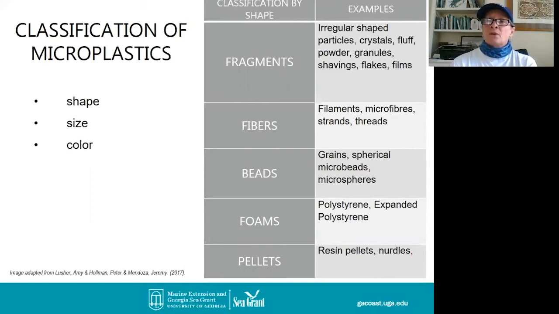The method is based on morphological characteristics, and this would include size, shape, and color of the microplastic. Size is an important factor when studying microplastics, as it will influence the range of organisms it may affect. Shape is determined using the 5 categories highlighted here, and colors can vary across a wide spectrum.